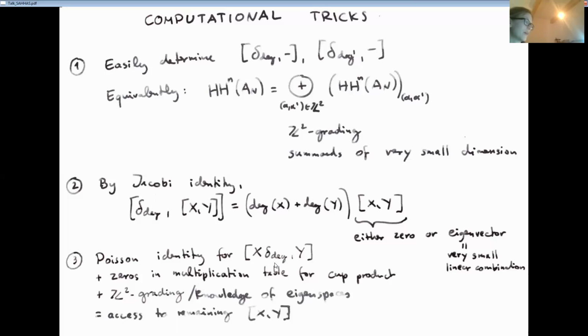Then by the Poisson identity and from knowing the cup products, we could try to hit as many zeros as possible from the multiplication table of the cup product. And then again, use the fact that everything here behaves well with the grading, so we just need to scan very small eigenspaces for the possible linear combinations that can constitute in the end such a Gerstenhaber bracket.